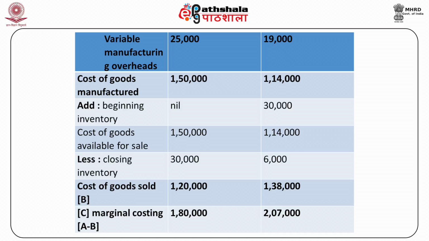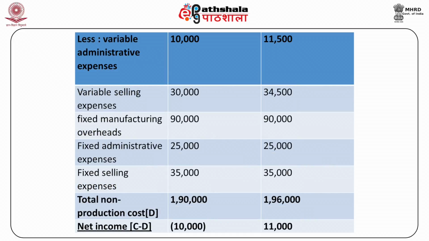Now you have to add the beginning inventory of 30,000. The cost of goods available for sale now becomes 1,44,000. You have to subtract the closing inventory, which is 6,000. This gives us the cost of goods sold B, which is 1,38,000. The marginal contribution C is given by A minus B, which is 2,07,000.